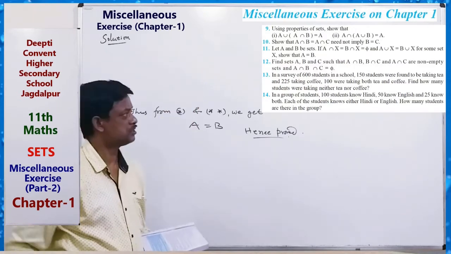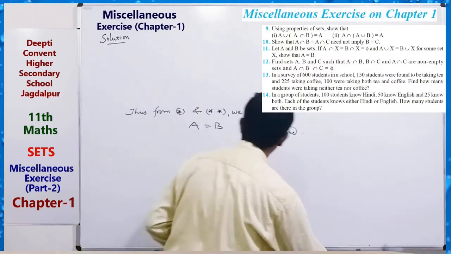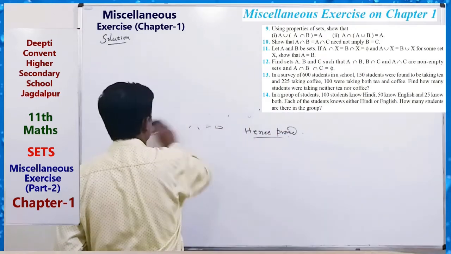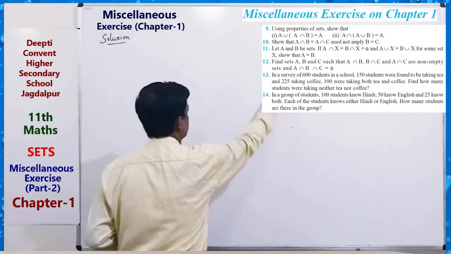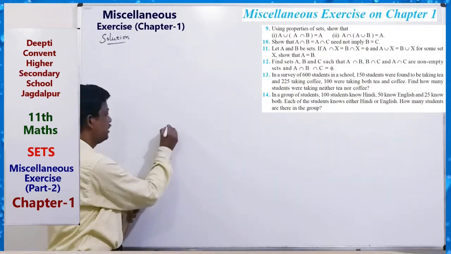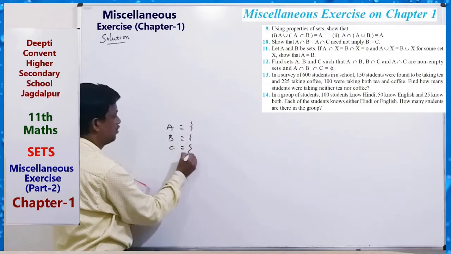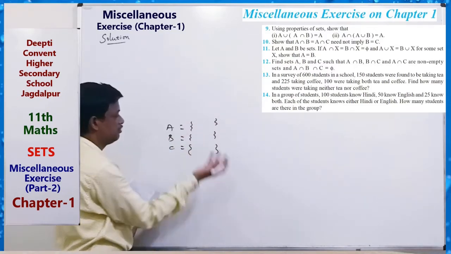So this question I left for you. Okay, so you have to solve it. How can you solve? Just consider three sets A, B, C. Think what the sets will be.